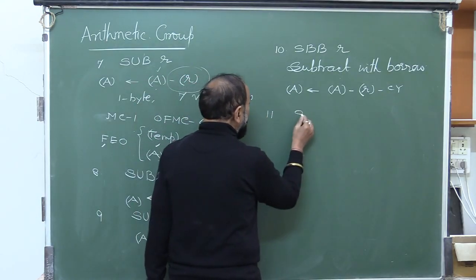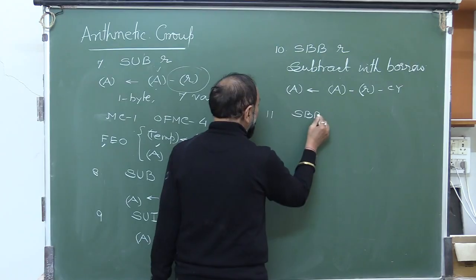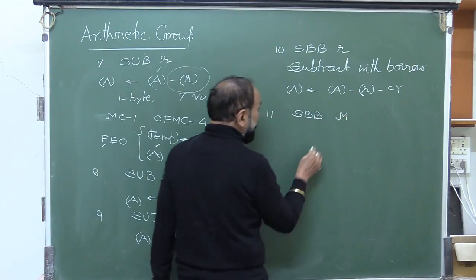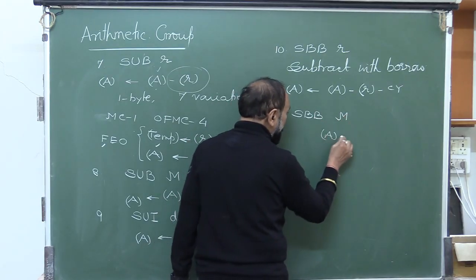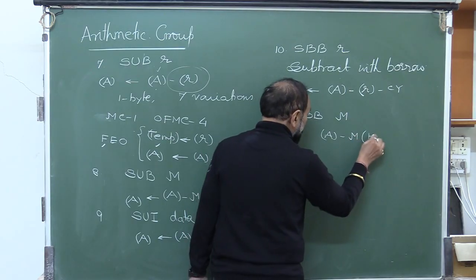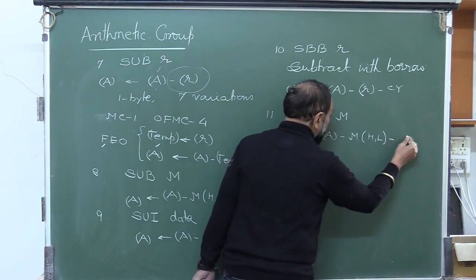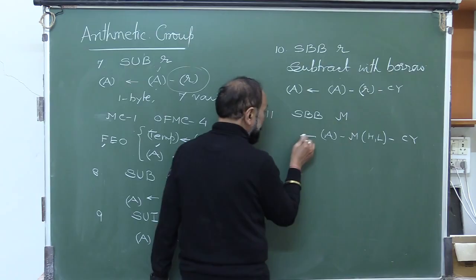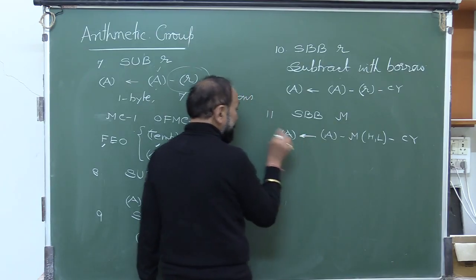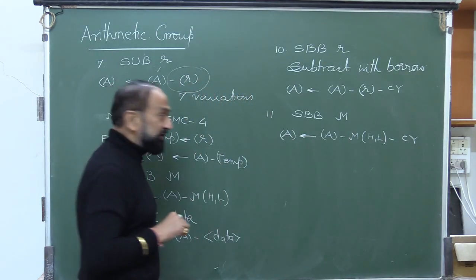The second operand may be present in memory pointed by the HL register pair, and the result is stored back into the accumulator.